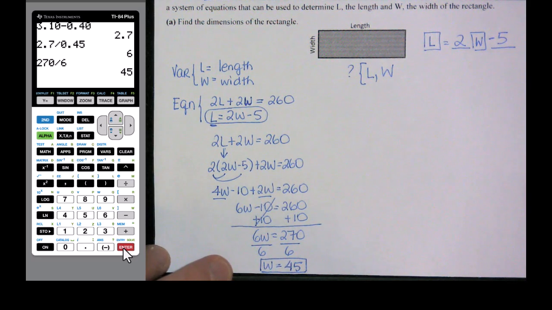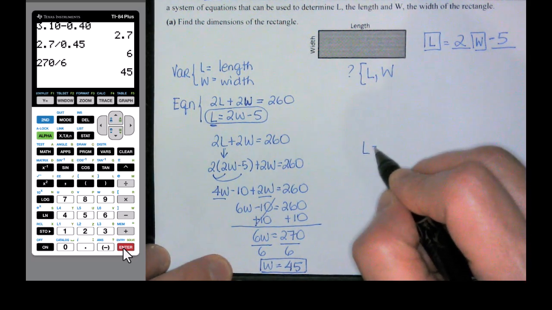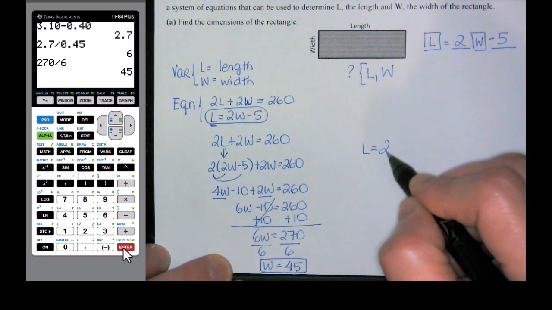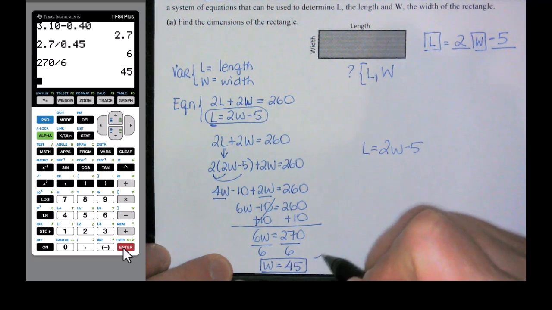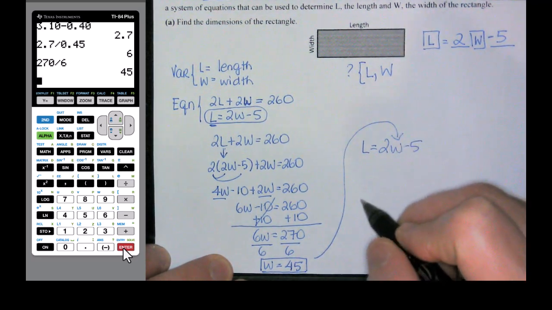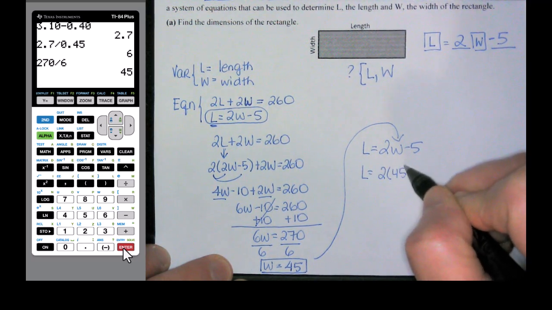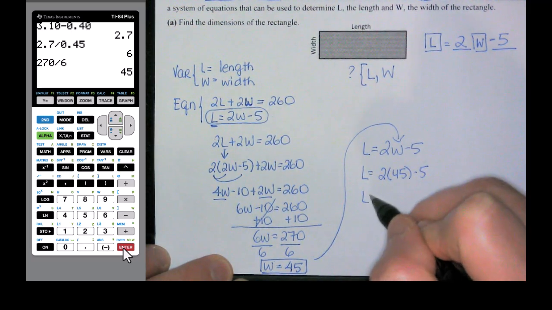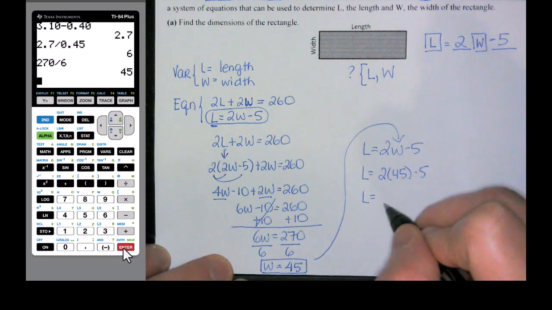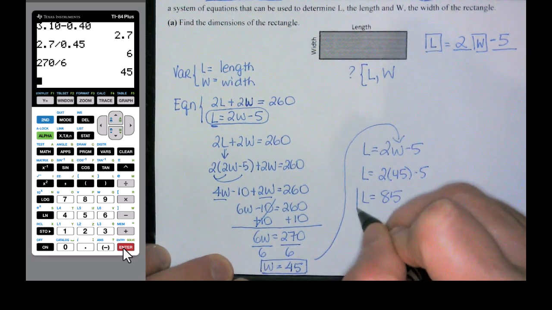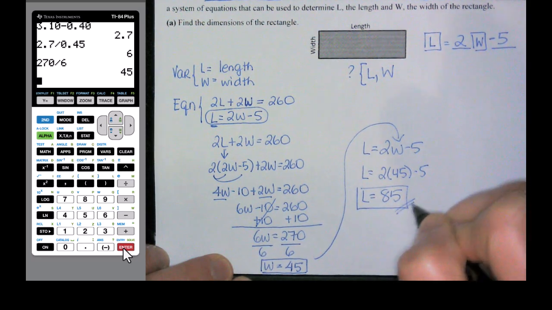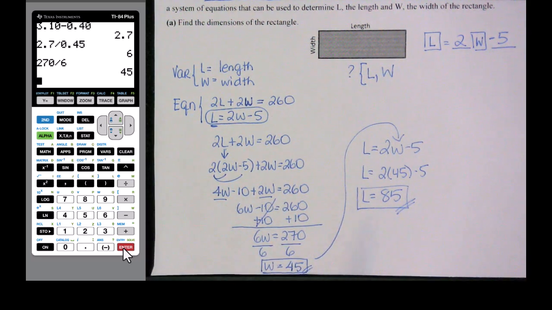Now that we have the width, we can find the length by copying the circle here, 2W minus 5, and we bring in the width that we found, which is 2 times 45 minus 5. 2 times 45 is 90, minus 5 is 85. So there we go. This completes our last example.